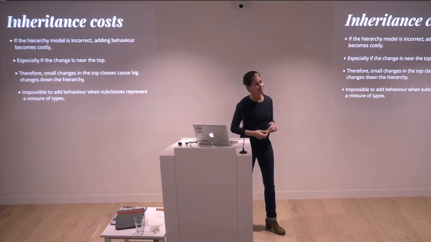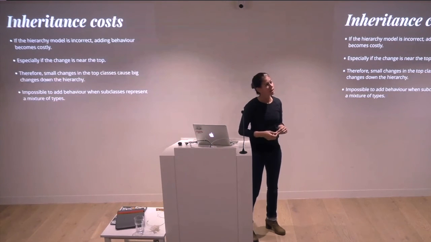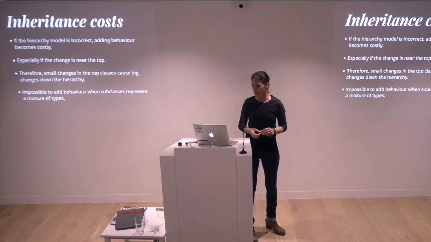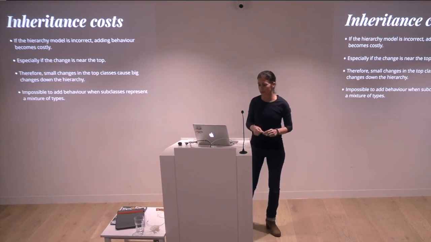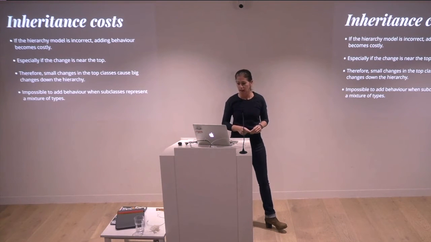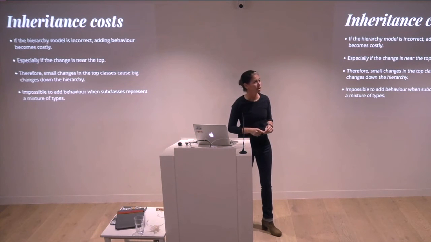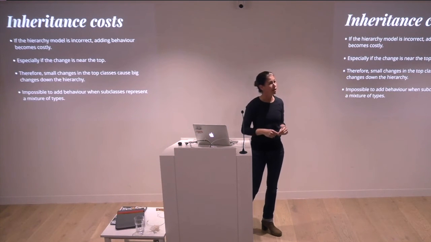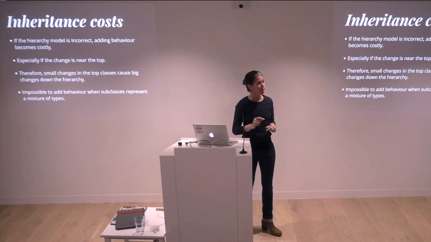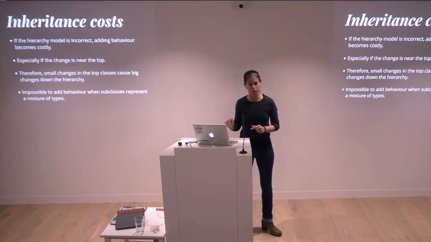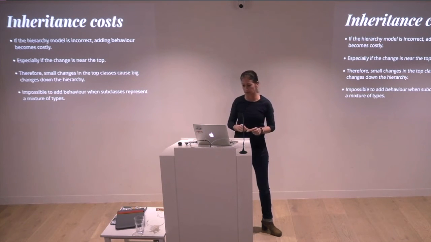The cost of inheritance: if the hierarchy model is incorrect, adding behavior becomes costly. Because the model is incorrect, the new behavior won't fit. So in this case, we will be forced to duplicate or restructure code, especially if the change is near the top and you don't have a hierarchy modeled correctly, then you will have to make a lot of changes across all the subclasses.